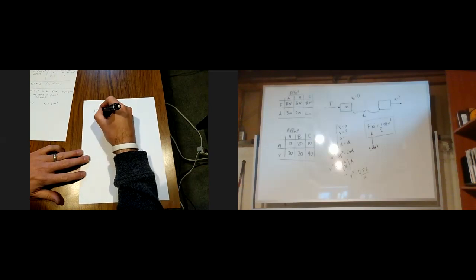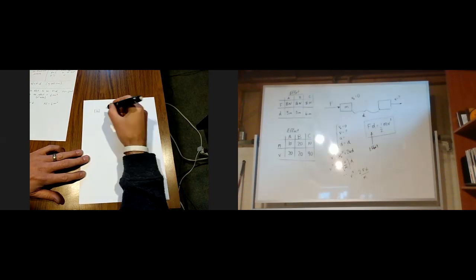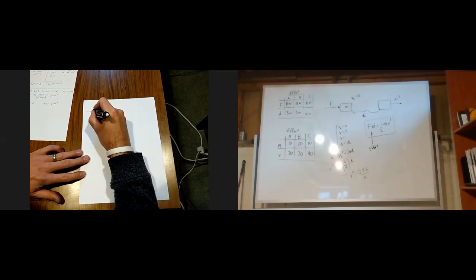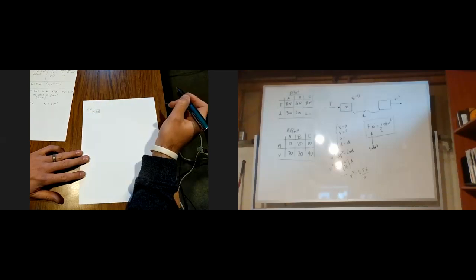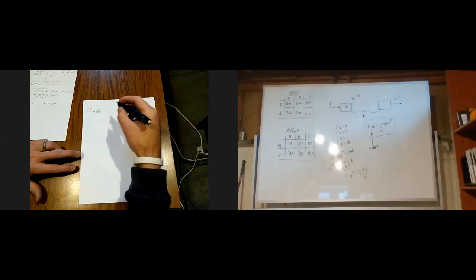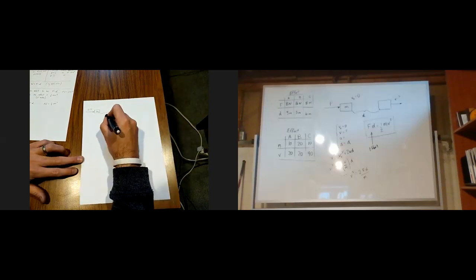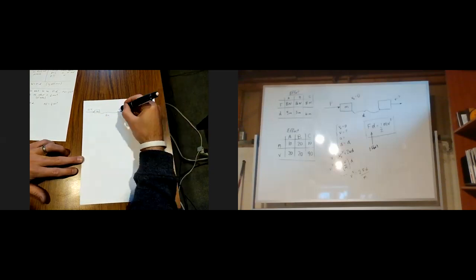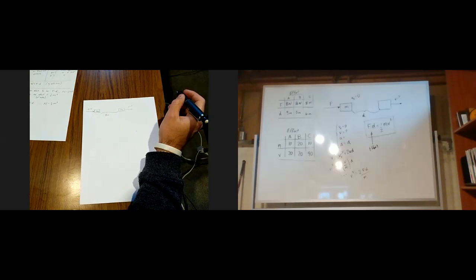Suppose we have a 3 kilogram mass pushed by a 12 Newton force over a distance of 8 meters. How fast will the mass be moving at the end of the push? In other words, what's the final velocity?